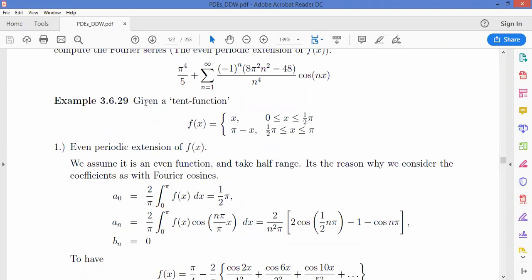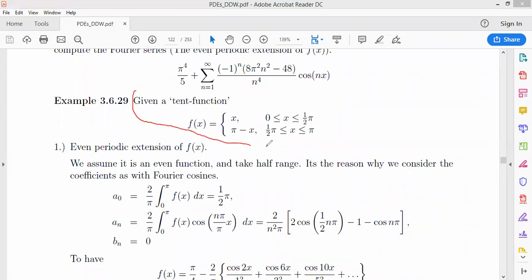You talked of tent functions, and you discussed them under what we call discrete dynamical systems.